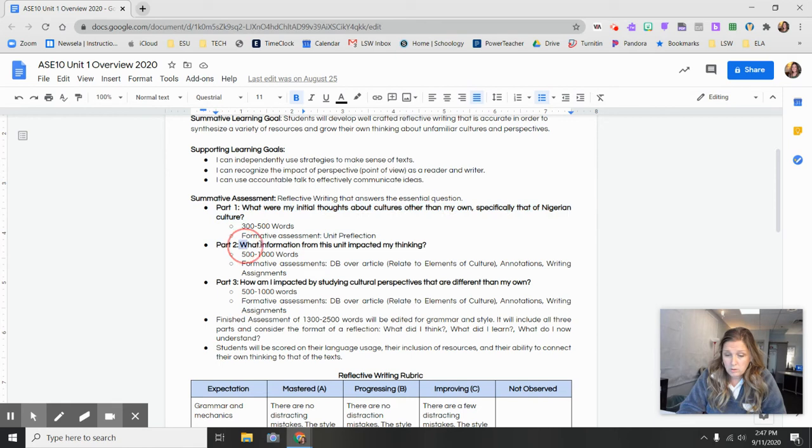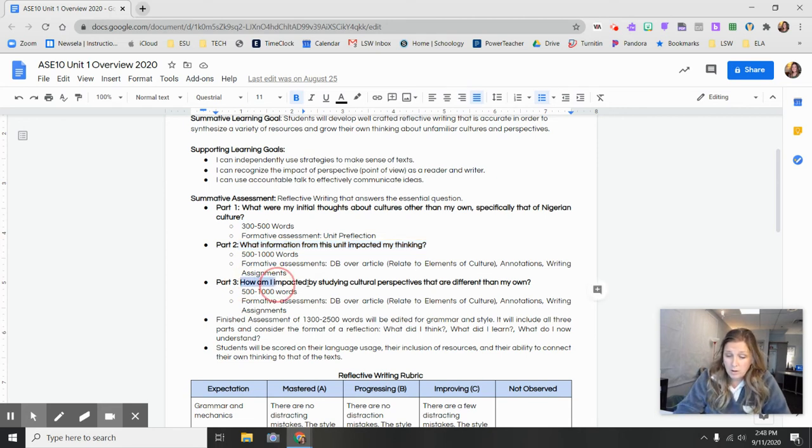Then, as we work through it, the second part of your summative writing is going to talk about what you took in during the unit that helped enrich your understanding. If you're encountering something new for the first time, it's going to have some kind of impact on the way you think. I want you to pay attention to what sticks out to you, how you perceive things, and why you think those things are sticking out to you. That's the second part.